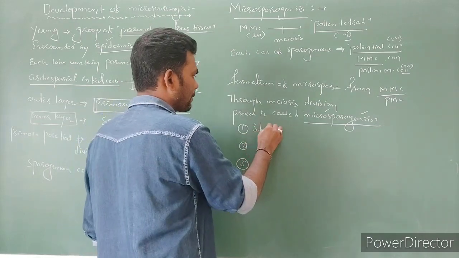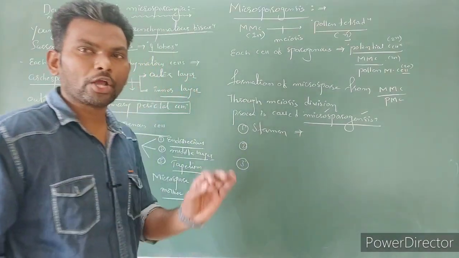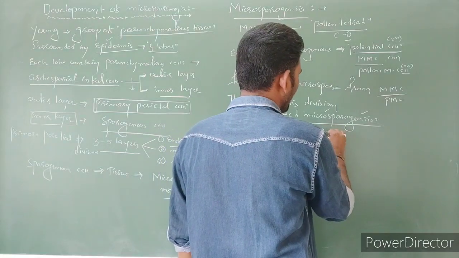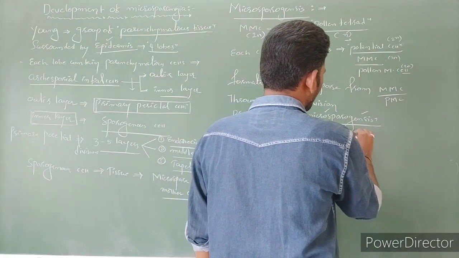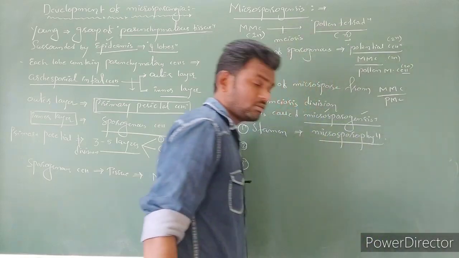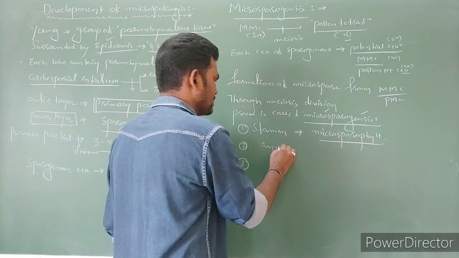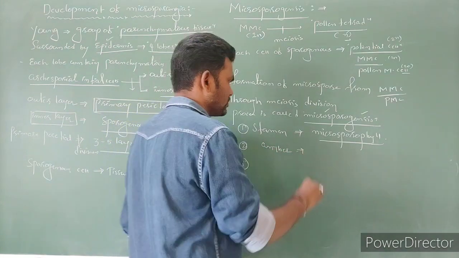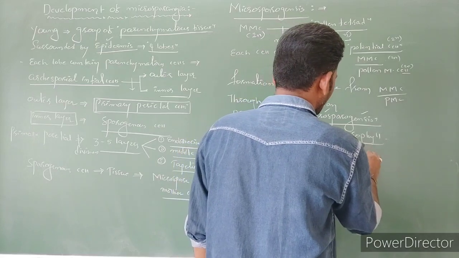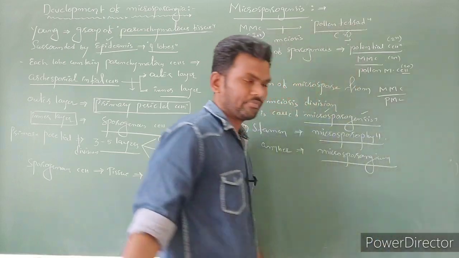The stamen is also called microsporophyll. Anther is also called microsporangium.